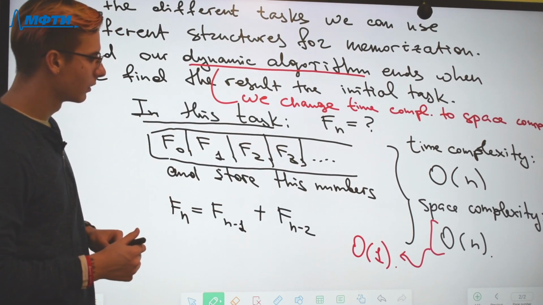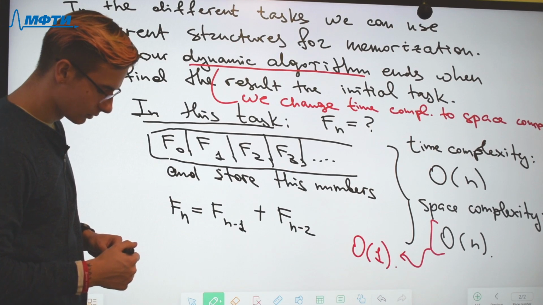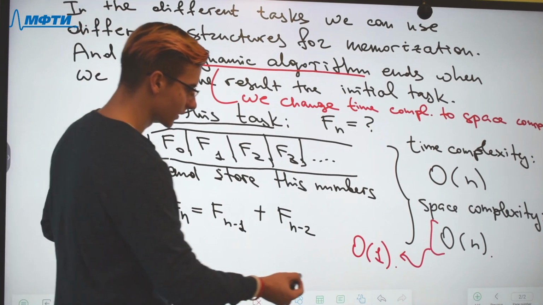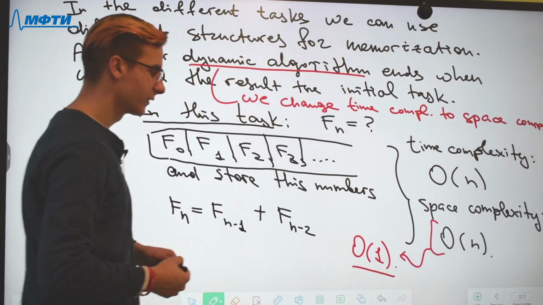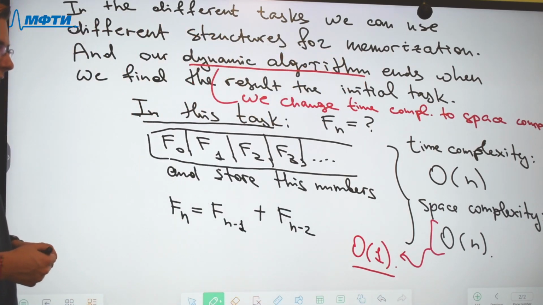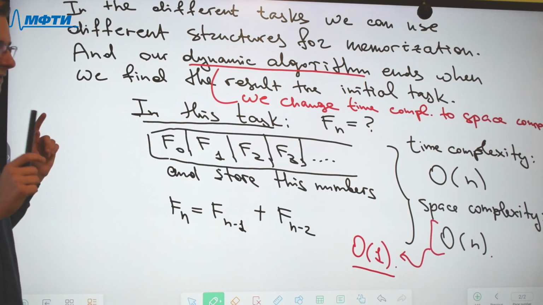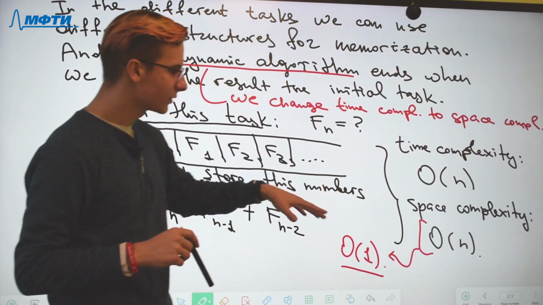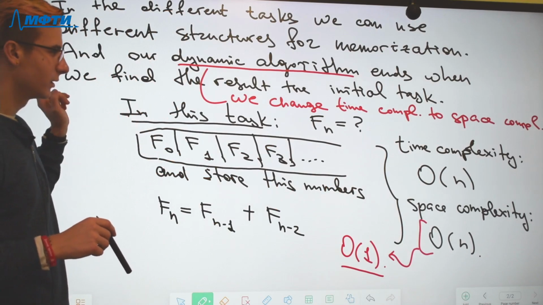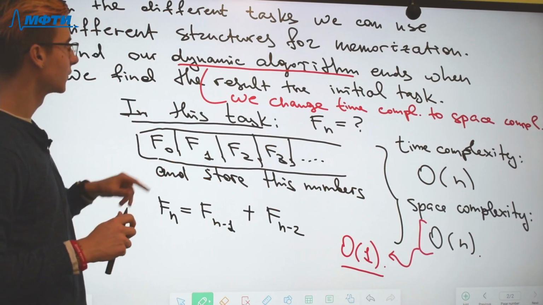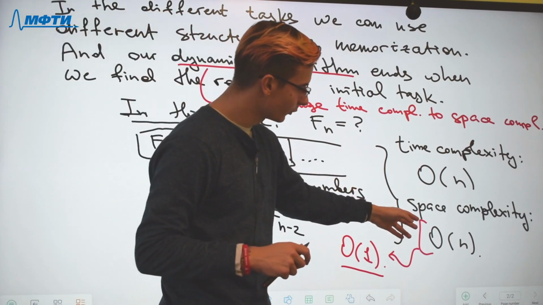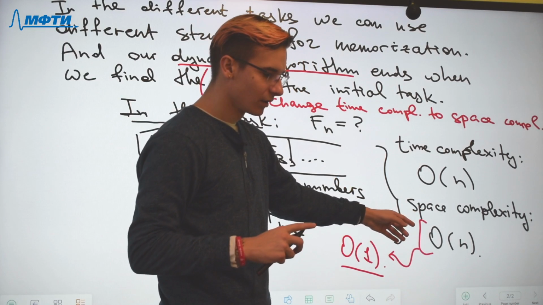Yeah, but we don't need all n Fibonacci numbers. Yes, that's why I write that in this task we can improve it to O of 1, of course. But in some tasks we need to store O of n, not in this task, but in most tasks where we use the dynamic algorithm, we cannot improve this space complexity.